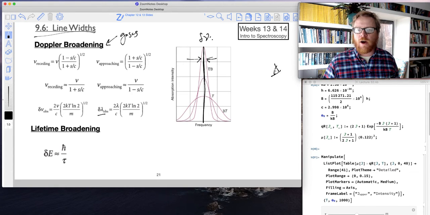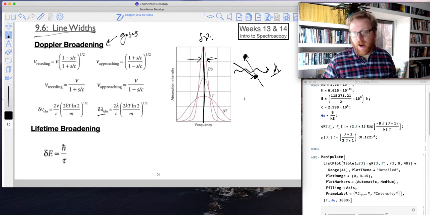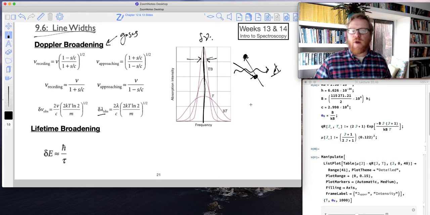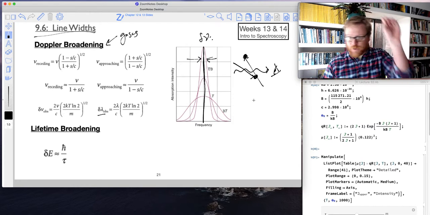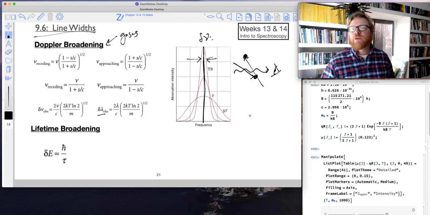So if we draw our detector right here, and I'm passing light through my sample and to my detector, I could have molecules moving away from my detector and absorbing this light. I could have molecules moving towards my detector. And of course, in a random sample of gases, we'll have all angles in between. It'll be moving chaotically. So this accounts for, at the very least with gases, in particular microwave spectroscopy as well as gases in infrared spectroscopy, having an actual width.